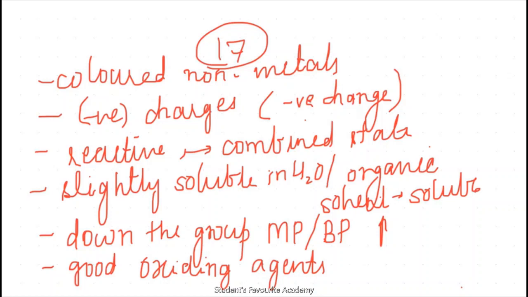So this is the reason we say that these properties are repeating periodically, or else it means that these properties will be seen down the group. So what is the meaning of periodicity, children? The meaning of periodicity is that these properties will be recurring, these properties will be seen in the elements with a gradual increase or decrease.